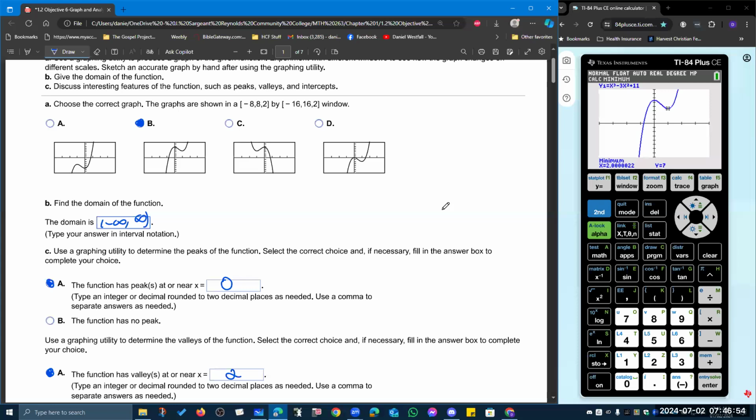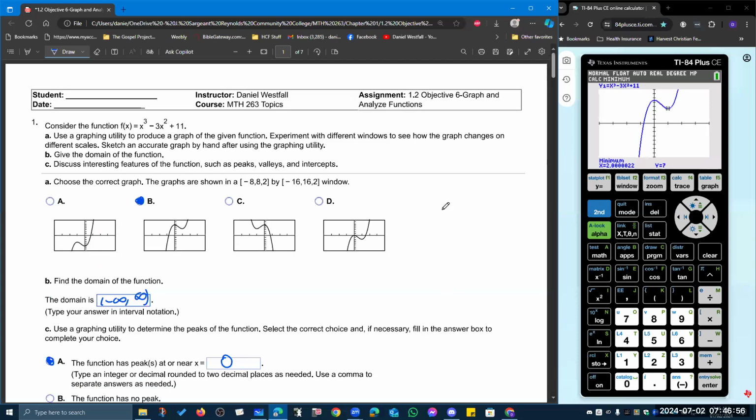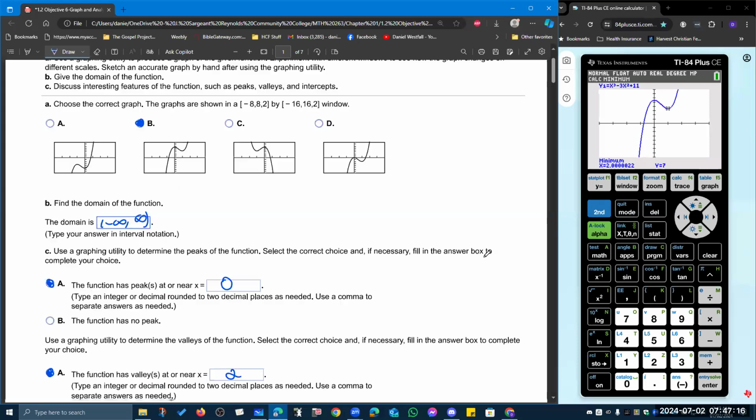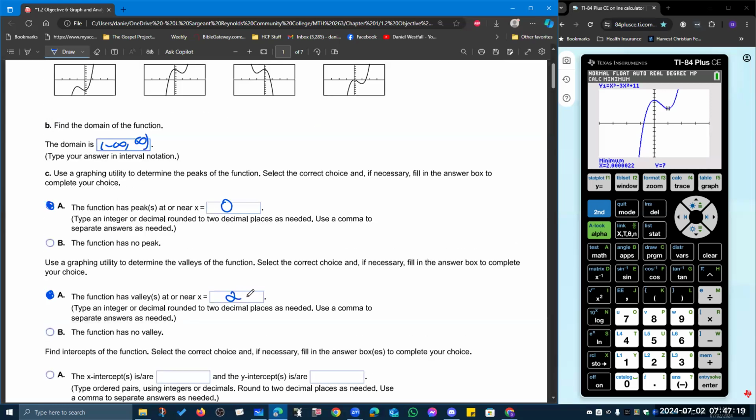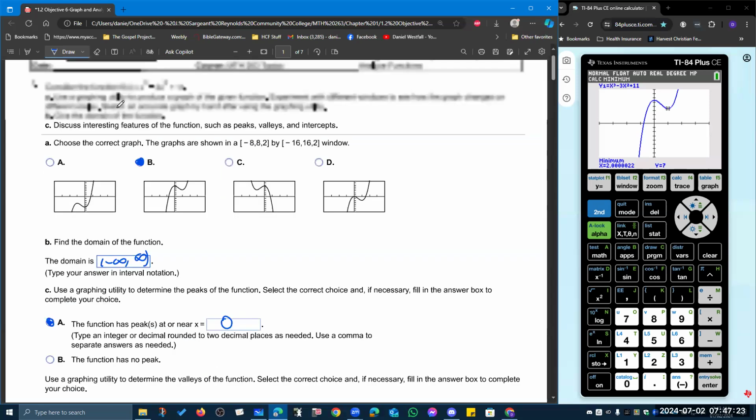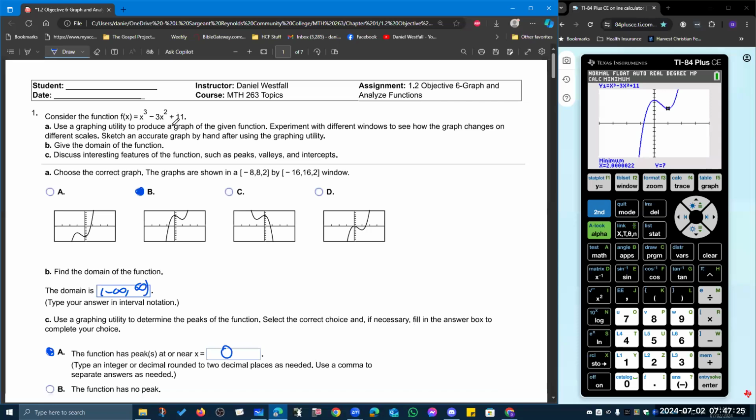If we would solve the equation here, set x equal to 0, we would get 11. And if we would factor this using synthetic division or long division or whatever, we could find where the x-intercepts would be.